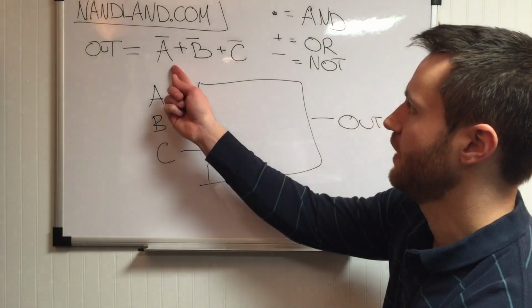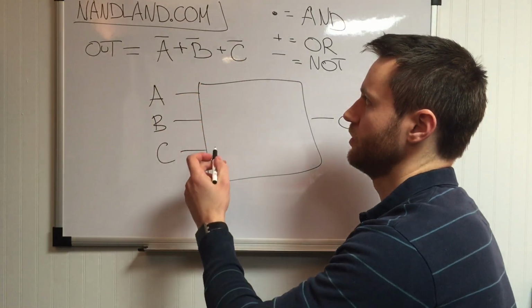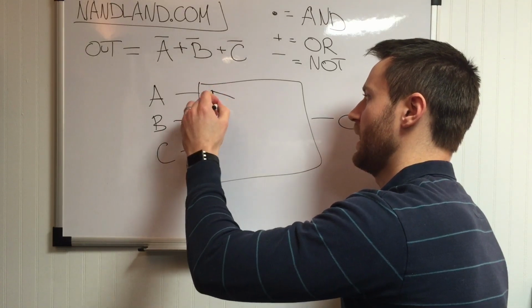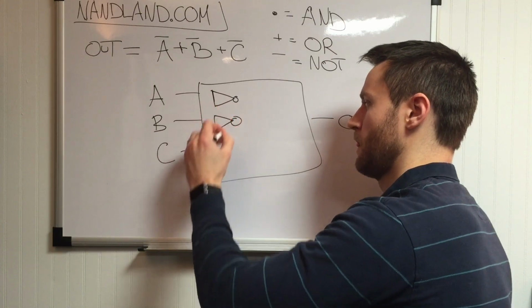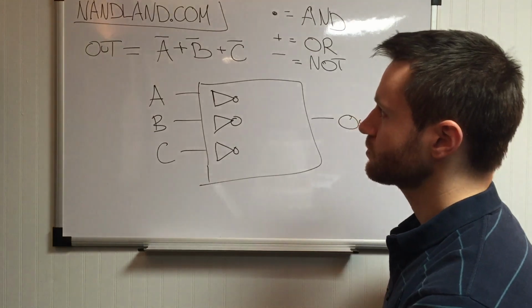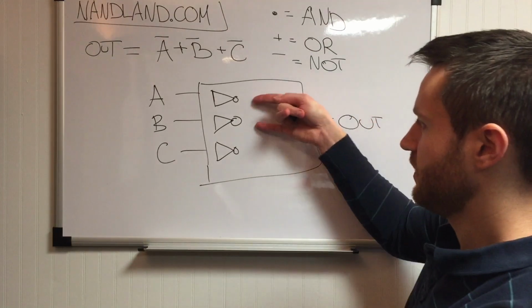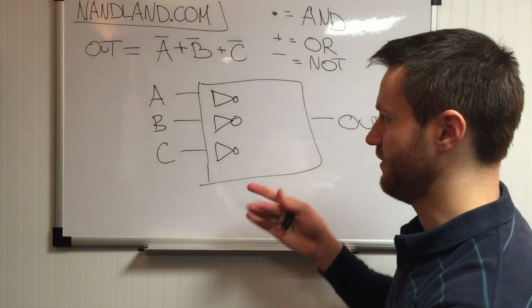Well, we know, first of all, that we need to invert all three of our input signals, which can be done with the NOT, like this. And then the interesting thing about OR gates is that it doesn't matter if you take these two and then OR that with C, it wouldn't make any difference.